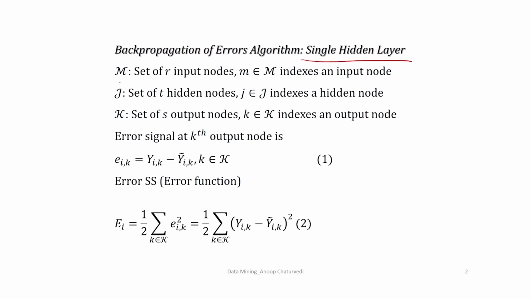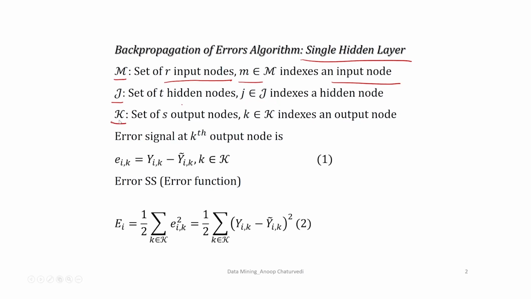Now, we consider the backpropagation of errors algorithm when we have a single hidden layer. Suppose M denotes the set of R input nodes and small m belonging to capital M indexes all input nodes, and J is the set of T hidden nodes. Small j belonging to capital J denotes the index for a hidden node.